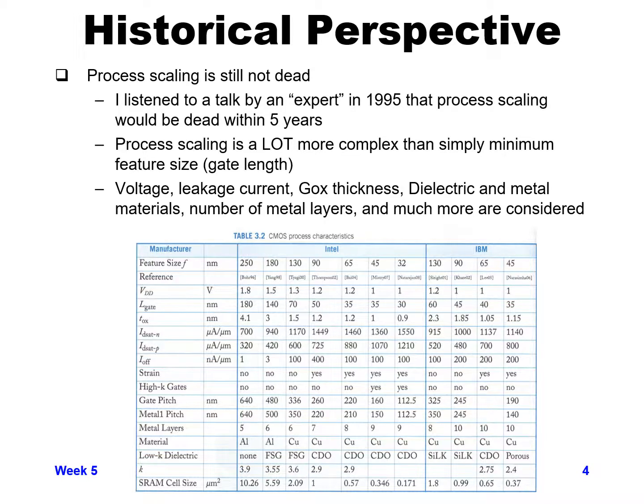The table below shows all the various different things. This is comparing Intel versus IBM and various parameters that have changed over the years. This probably isn't a list of all of them, but just some of the things that have changed. And you can see it's very, very complex.